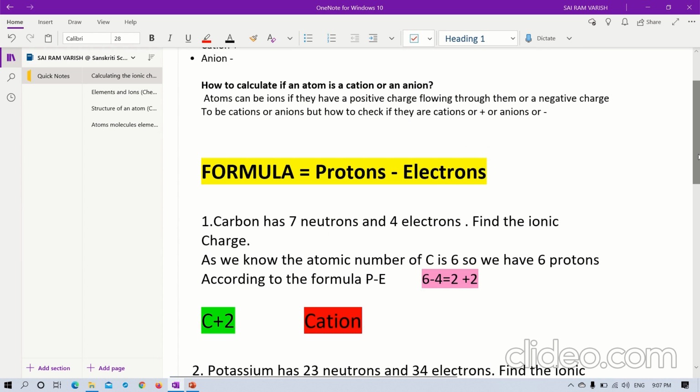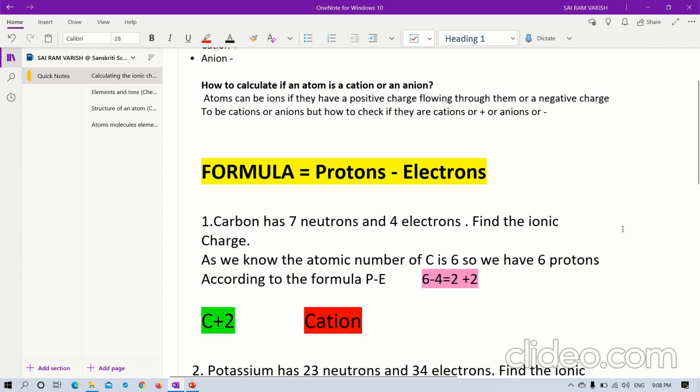Carbon might have any number of neutrons and electrons, but it would compulsorily have a fixed number of protons, the atomic number. The different numbers of neutrons or electrons form different isotopes.